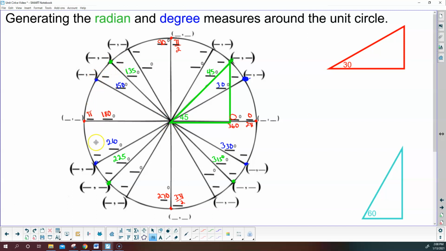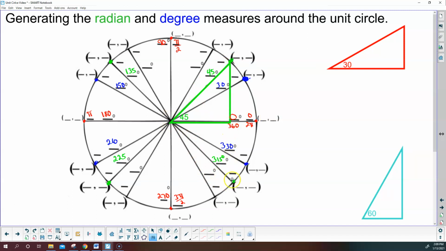And then if I reflect it downward, I get the 45-degree triangle right here. So I'm going 45 degrees past 180. Well, 180 plus 45 is 225. And if I reflect this point over here, or some people like to think of it as taking the 45-degree angle here and reflecting it down over the x-axis.